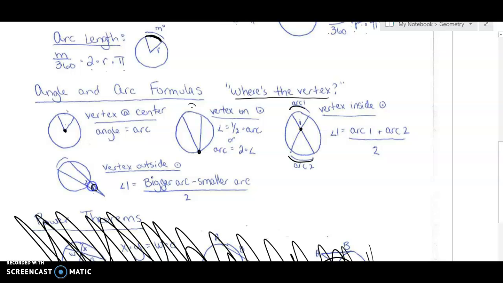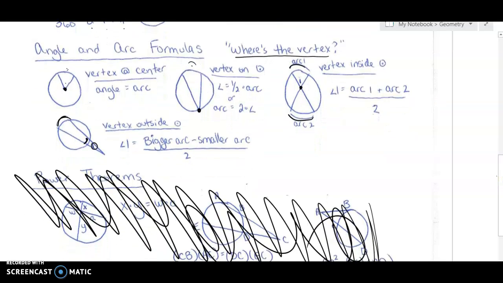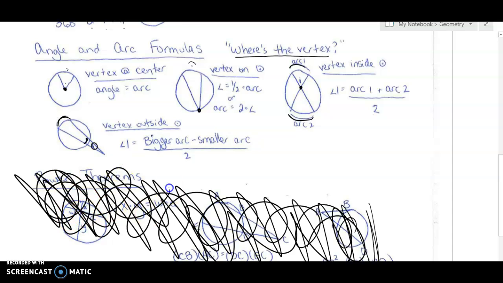So I put a 1 out here. Angle 1 is going to equal this bigger arc minus the smaller arc divided by 2. So if it's inside the circle, you add the arcs, divide by 2. Outside the circle, subtract the arcs, divide by 2. Make sure when you subtract, you do the bigger minus smaller so that you don't get a negative. All right, and then this stuff we didn't get into, so you don't have to worry about this.